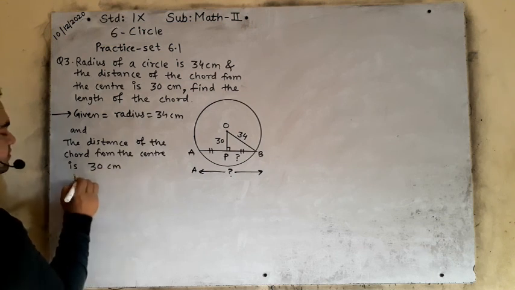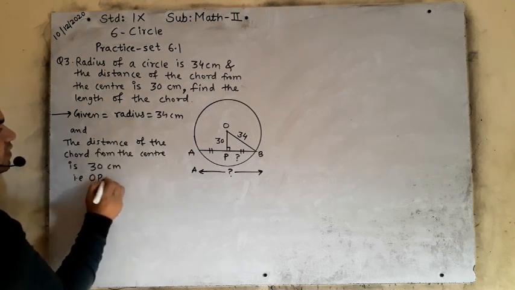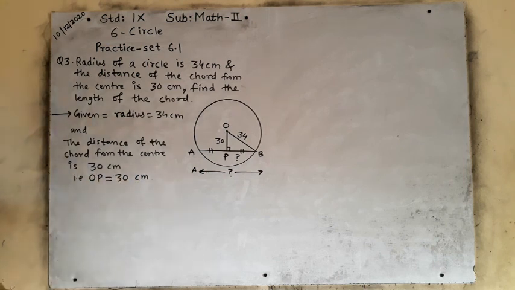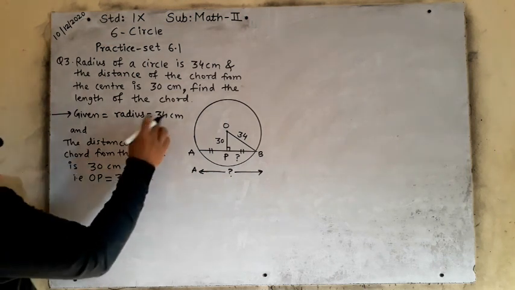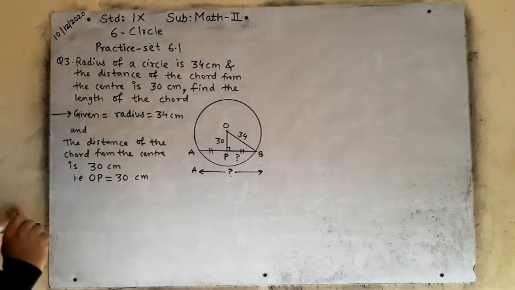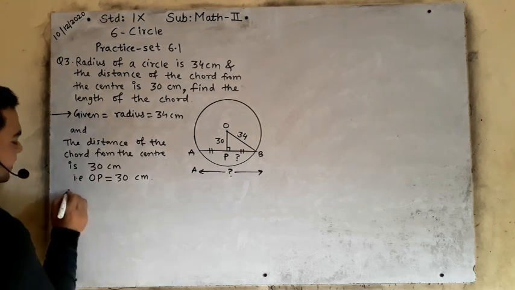That is, OP is equal to 30 centimeter. Here OB is a radius, and the radius is equal to 34 centimeter. Now we will utilize the triangle.